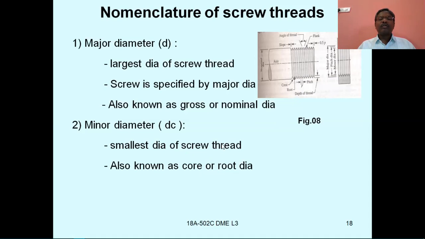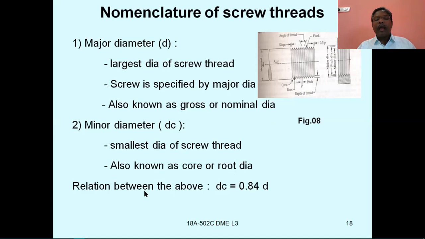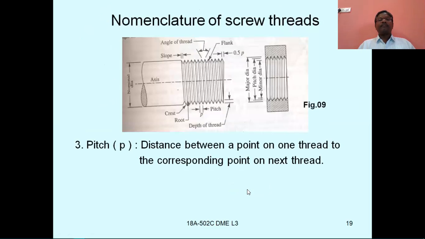And the relation between the major diameter and minor diameter or core diameter is dc equal to 0.84 into d. This is the relation between the core diameter and the nominal diameter.